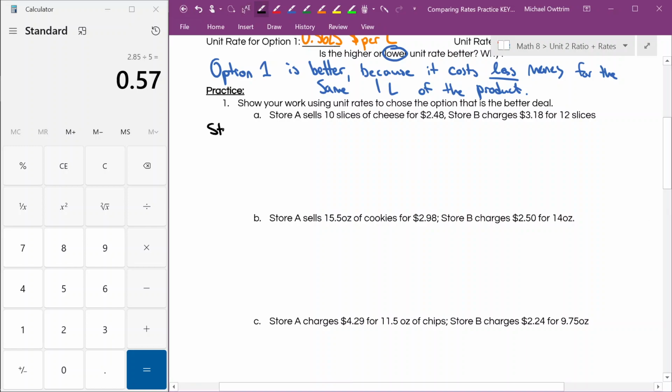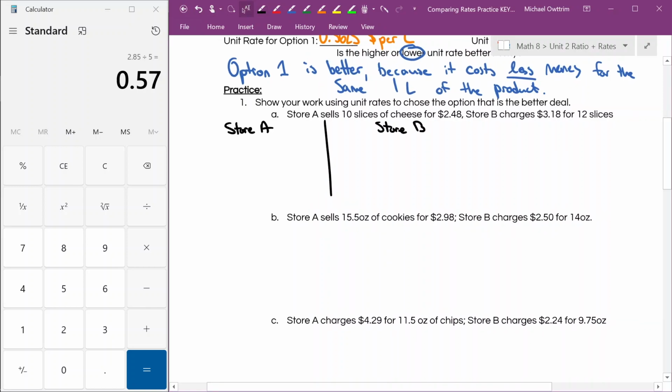So let's go ahead and compare store A and store B. In store A, we have slices of cheese and money. So I'm going to put slices on top and money on the bottom. Of course, it doesn't matter. We are told that 10 slices of cheese at store A cost $2.48.